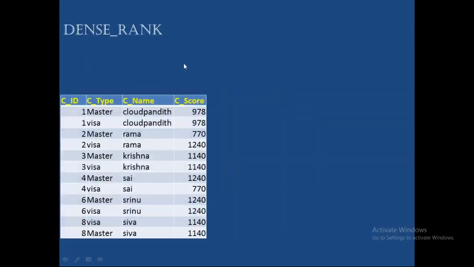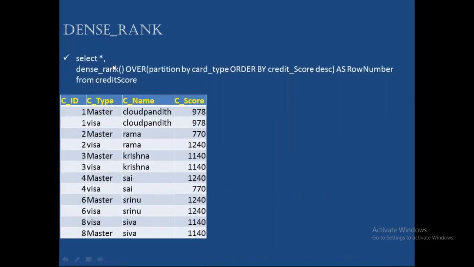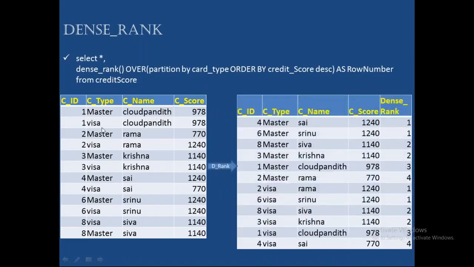Let's go with the next one called dense rank. How will dense rank work? So we have a credit ID and all these things. Instead of rank and row number, you need to put dense underscore rank here. You just apply dense rank to this data. See, now these 2 people have the same score, 1 1, but the next score person will get rank 2.